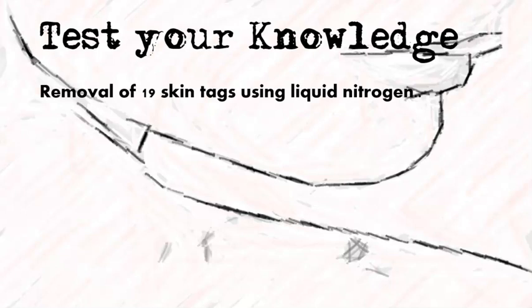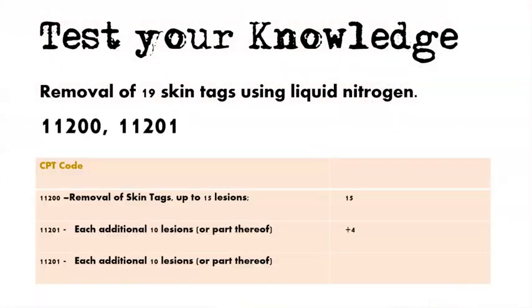The codes are 11200 and 11201. 11200 is for the first 15 skin tags, and 11201 is for the additional 4.